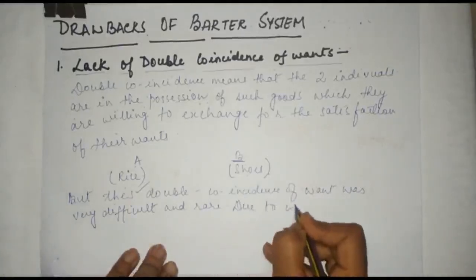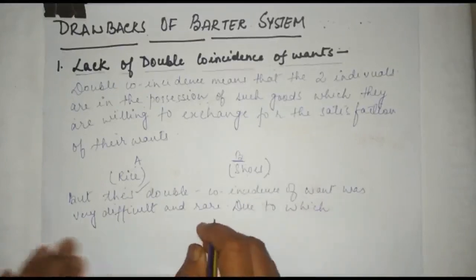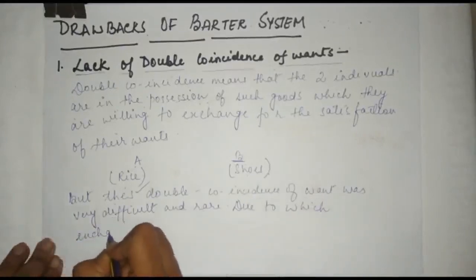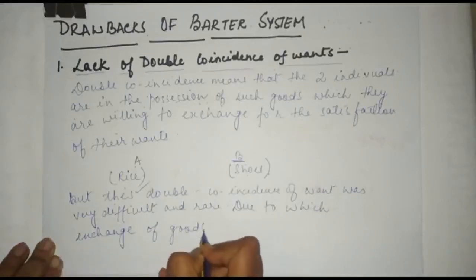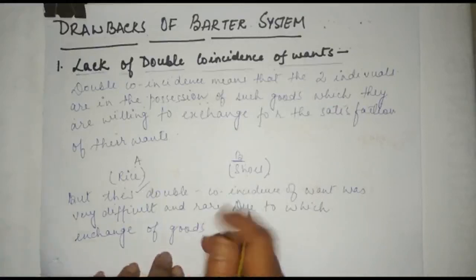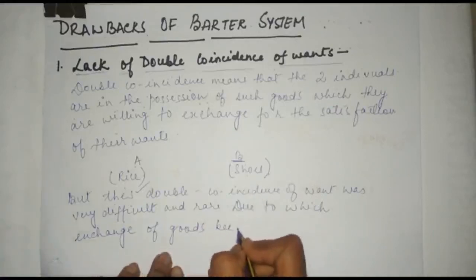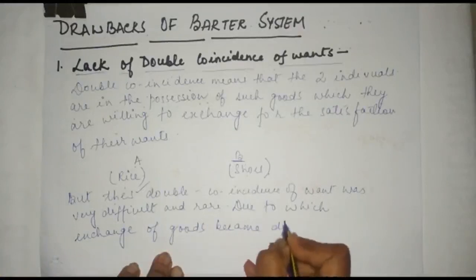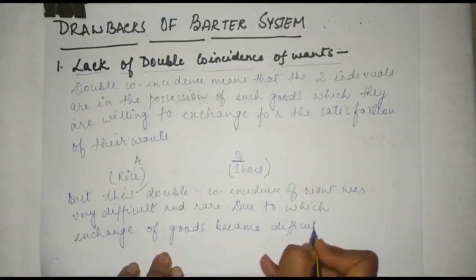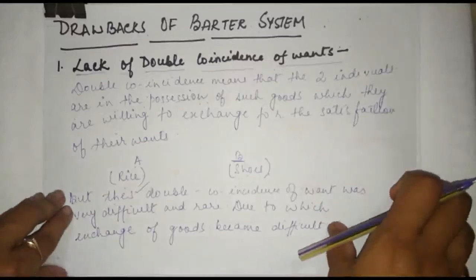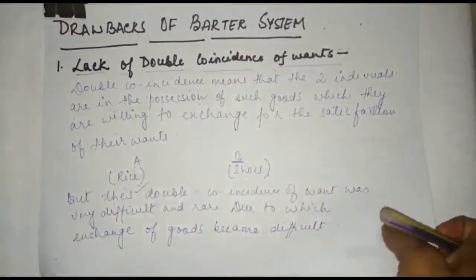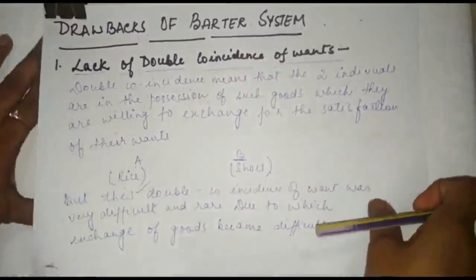Hence, the system of double coincidence of want vanished with the introduction of money. This is the first drawback of the barter system.